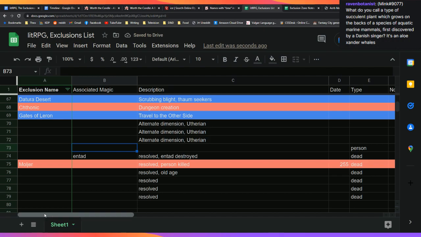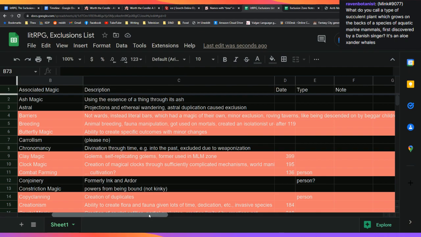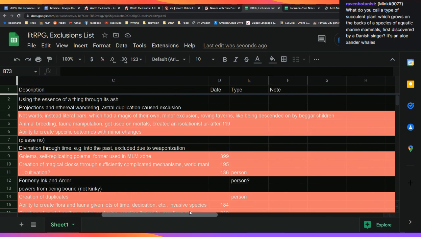The way to do this is not to do this by color. The way to do this is just have a field. So we're gonna have a status field. I'm just doing some cleanup now because this has been annoying me.